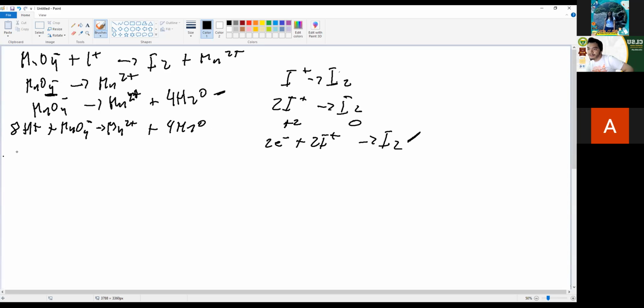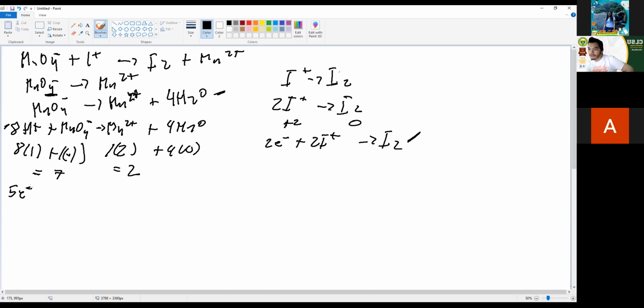Balance by charge. So, 8 times 1 plus 1 times negative 1. So, 8 minus 1 is 7. Tapos, 1 times 2 plus 4 times 0. So, is equal to 2. So, just like kanina, magdadagdag tayo ng 5 electrons dito sa left side, sorry.